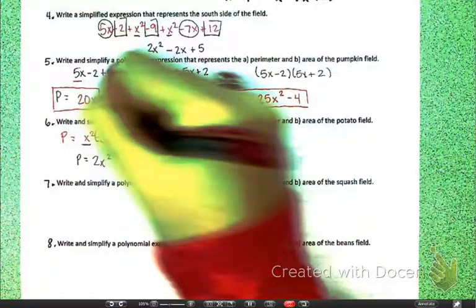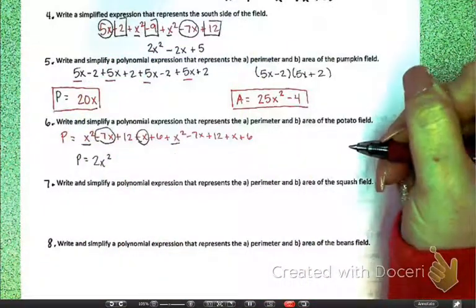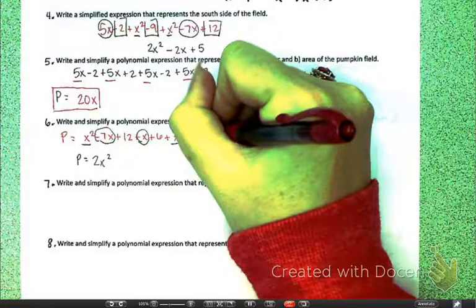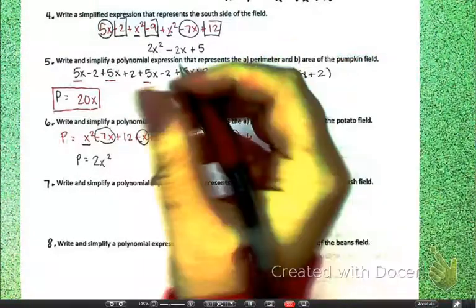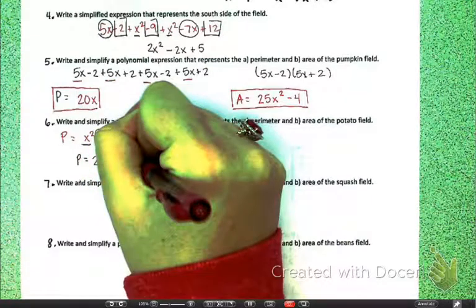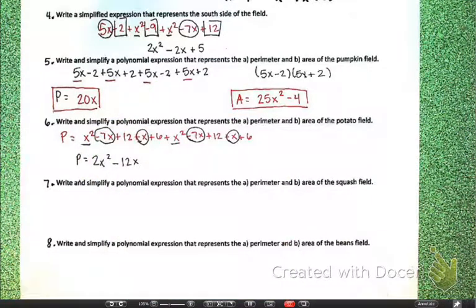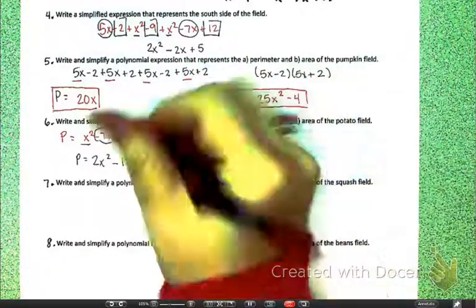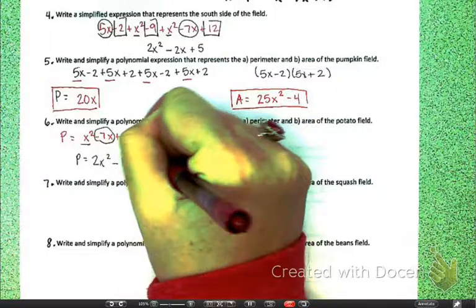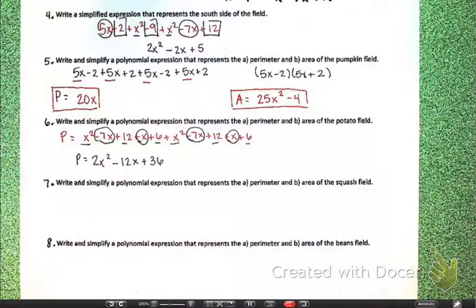Negative 7 plus 1 is negative 6. Minus 7 is a negative 13. Plus 1 is a negative 12x. Are we okay so far? And then 12 plus 6 is 18. 12 plus 6 is 18, and 18 plus 18 is 36. So that should be your expression for perimeter. Did you get that when you combine like terms?